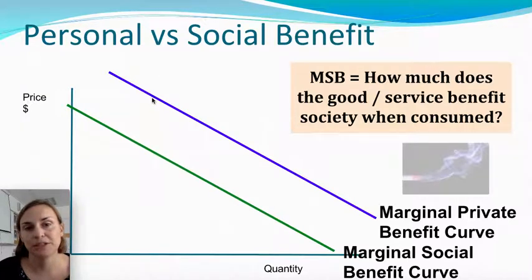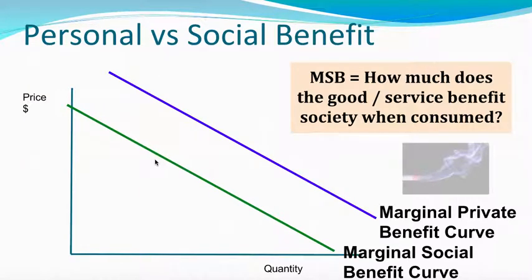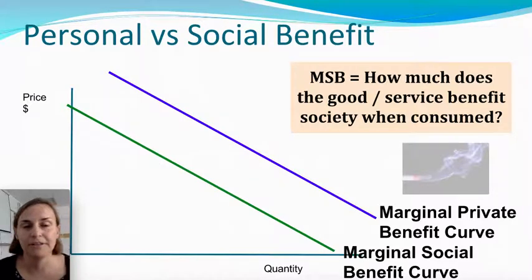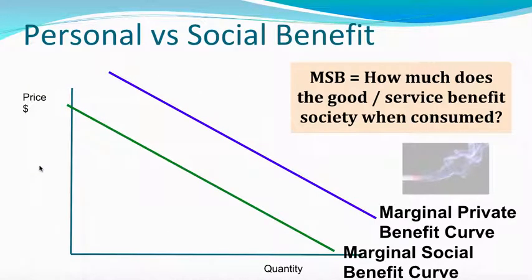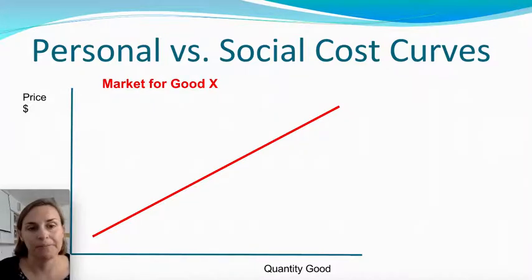We get less per consumption. This is just a way that we can show how goods or services don't just affect the people that consume them, but they affect all of us, and we can make economic arguments using these. Okay. So that's from the consumer's point of view. In the next slide, we'll talk about the producer's point of view.